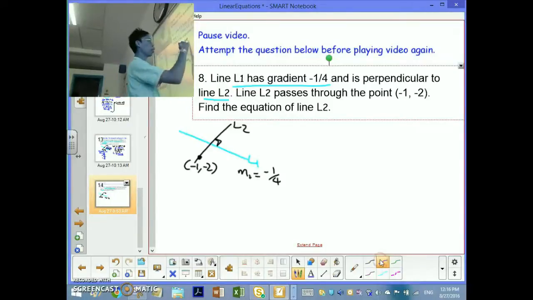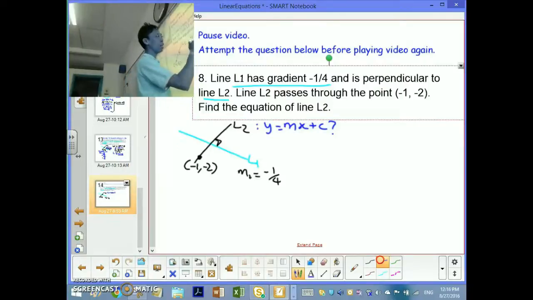So what I want is, I don't know this. Right? So when reading a question like this, it's best to sketch a diagram such as this and put in the information to see what we need. So what I need is to find m and I need to find c.